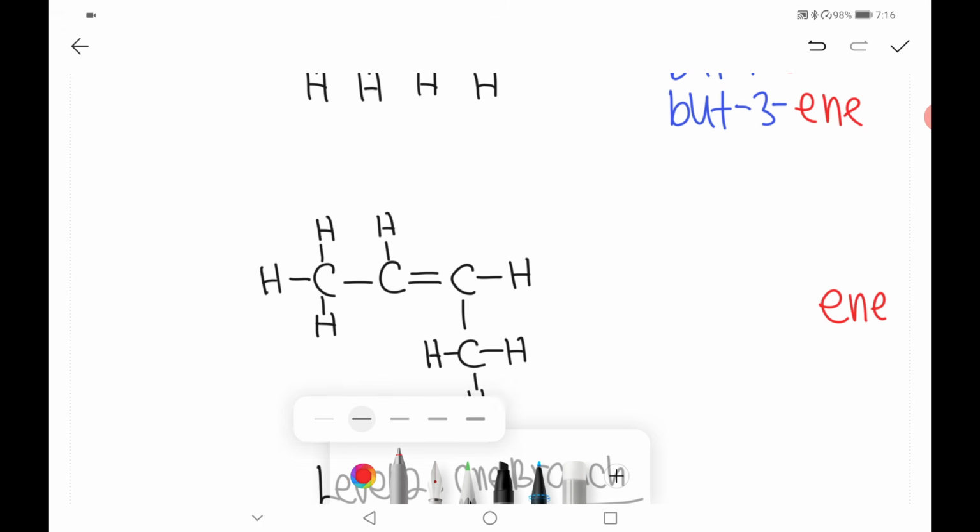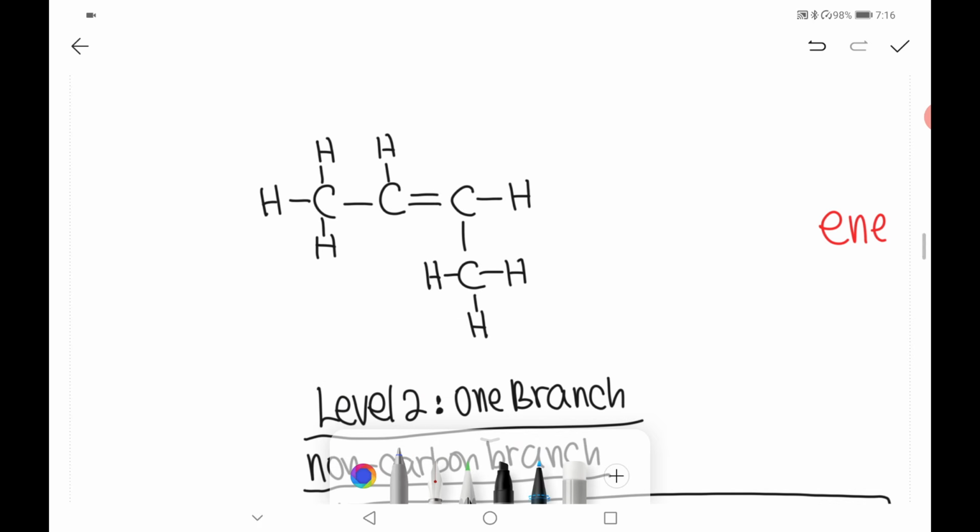Then we need to find the longest continuous carbon backbone. It is not 3, because this one can still continue here. So it should be 4. We have 4 carbon, and 4 carbon is but.